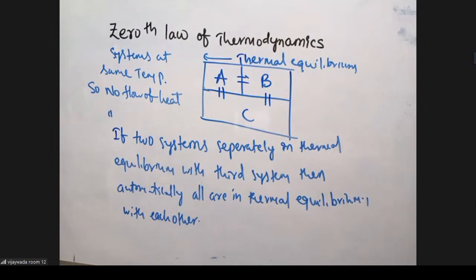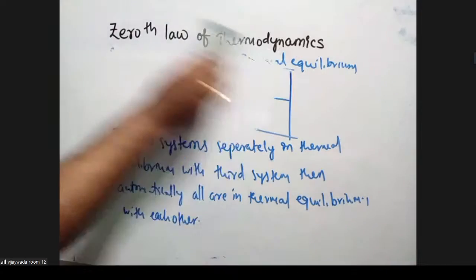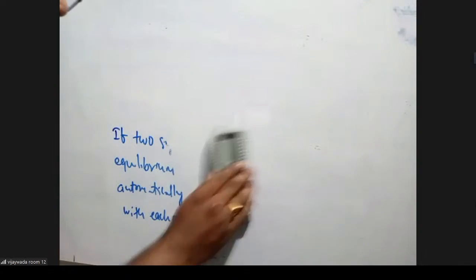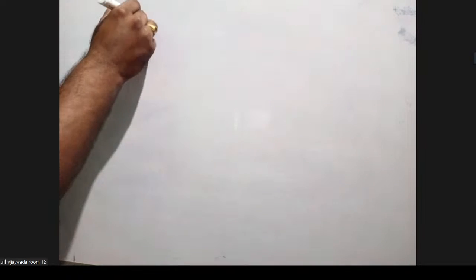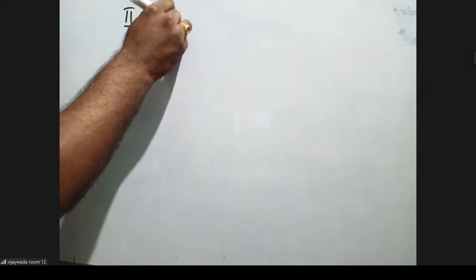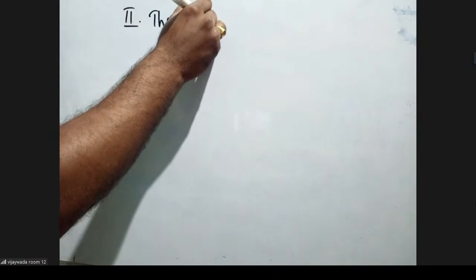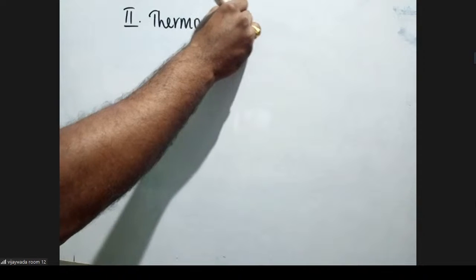Okay, right. So students, this is about thermodynamics. And we must study applications of thermodynamics. That is the second part of the chapter; this is the first part. The second part is thermochemistry.